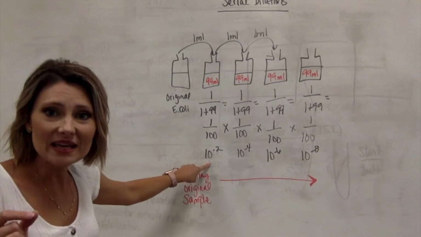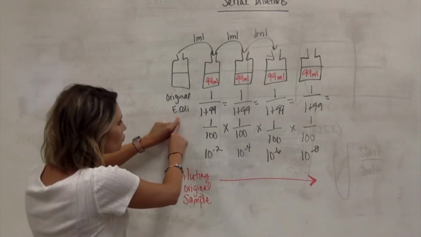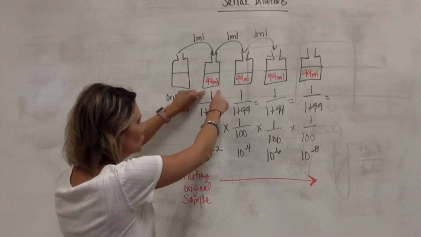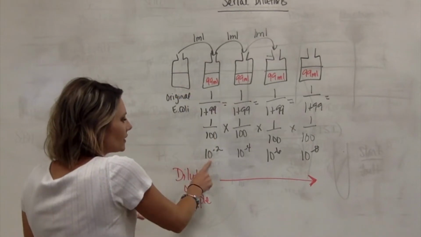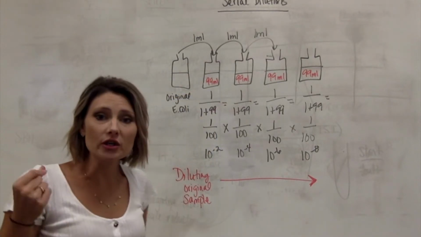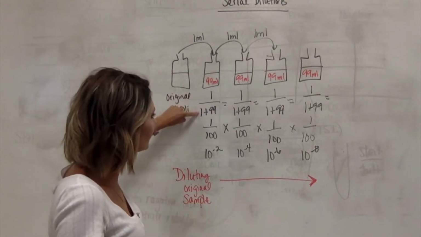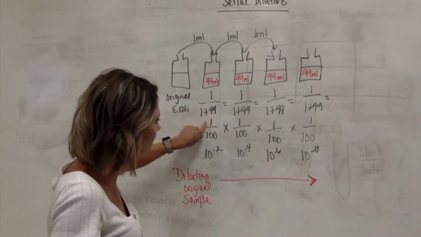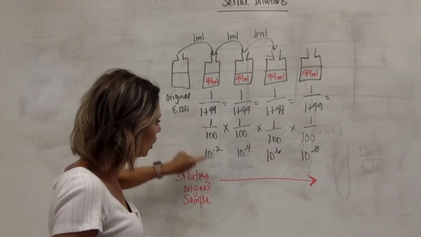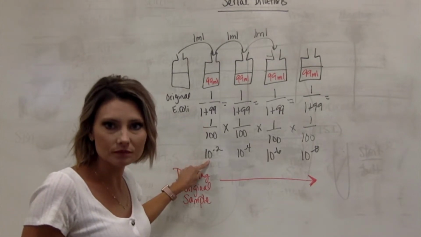So what that means is that from my original sample into this dilution blank, my sample has now been diluted 100 times. Because I put 1 ml into 99, now I have a total of 100 mLs in there. So it's 1 over 100, which is 10 to the negative 2.